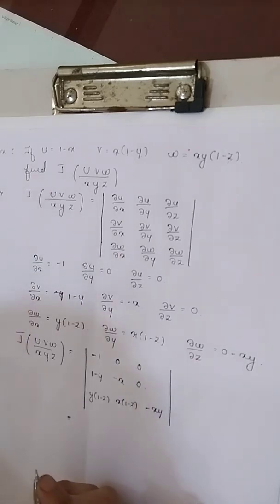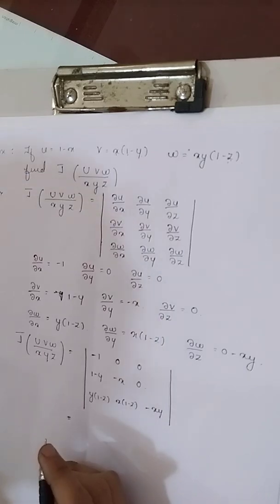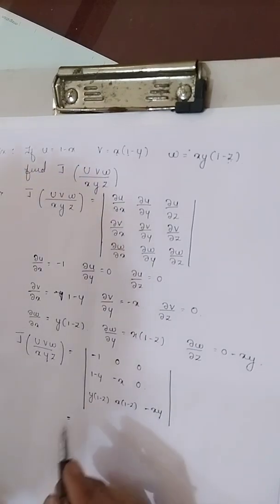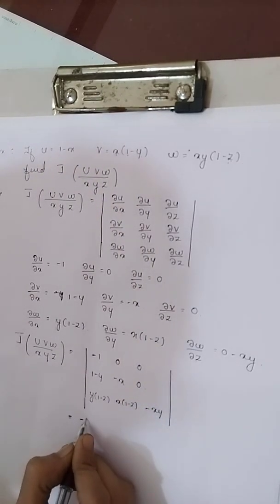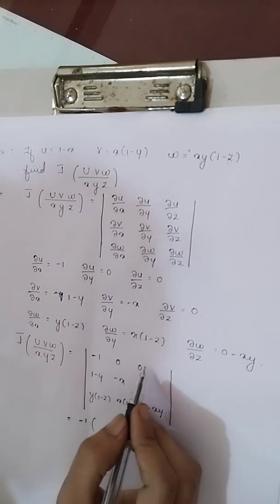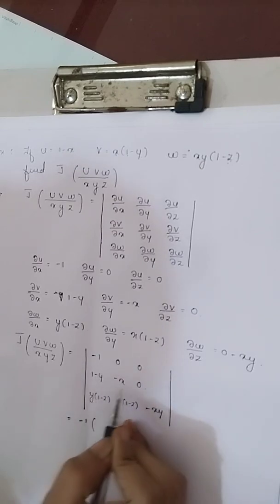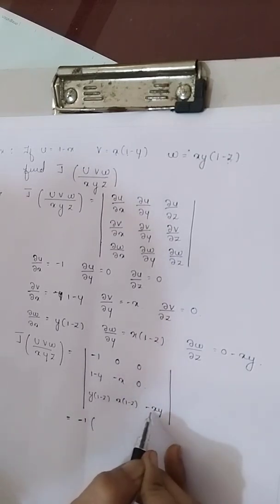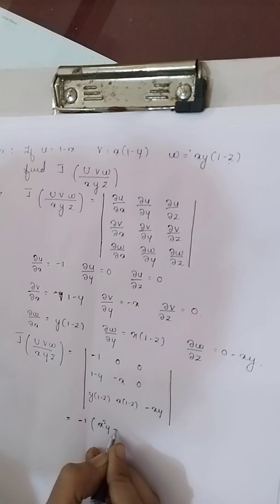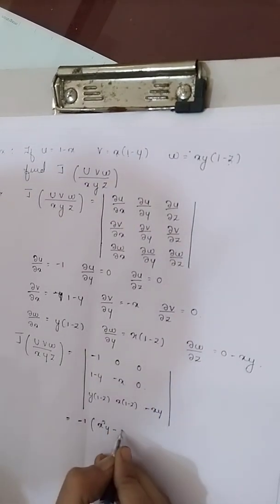Now solve the determinant. We get the value of the Jacobian of u, v, w with respect to x, y, z. So we have minus 1 into, leaving the first row and first column, the value minus x into minus xy, that is plus x square y, minus 0 into this term, so we get 0.